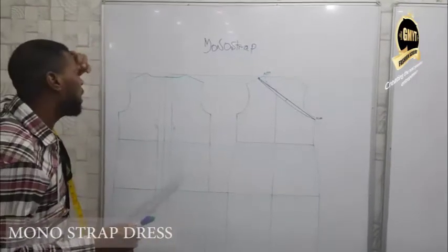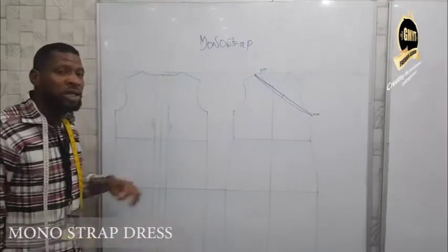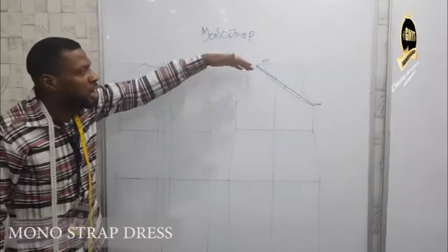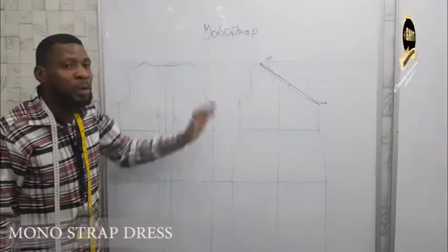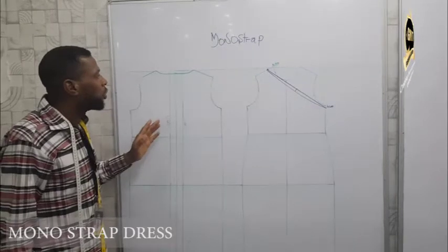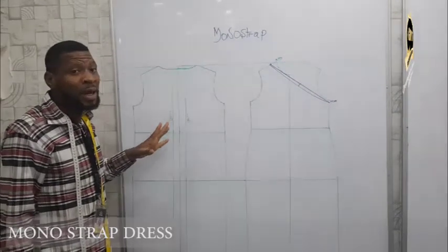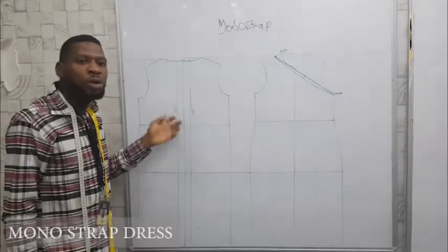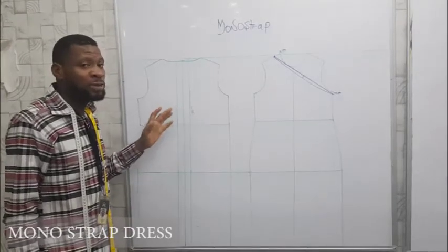Now let's go to the back. For the back, if you are doing yours, it's important that on the back pattern, the same process of neckline is applicable. But the only difference is that when you are doing your monostrap as a pattern maker, you need to include the zip allowance on the pattern. And that's for a reason.